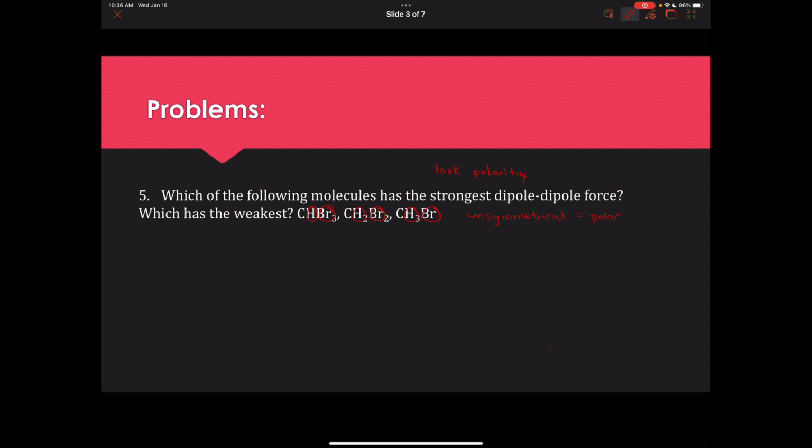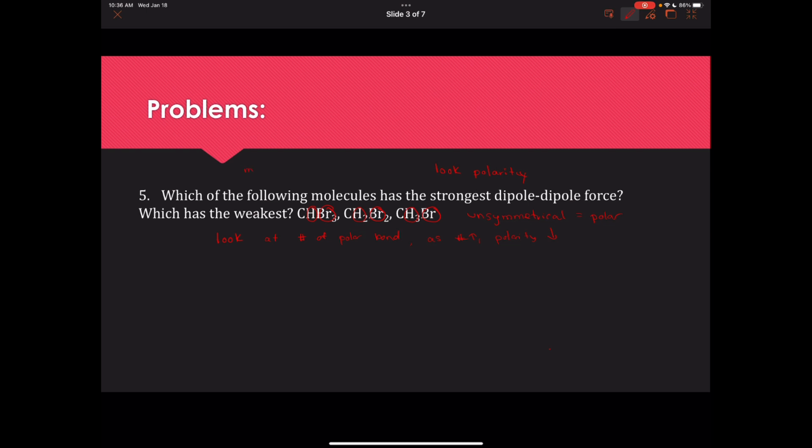Now, they all have bromine. So when we're comparing the polarity, we've got to look at how many polar bonds. And remember, the greater number of polar bonds we have, the less polar my molecule is. So we could count our number of bromines.